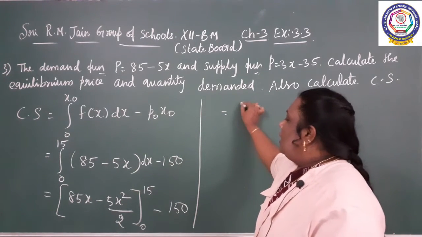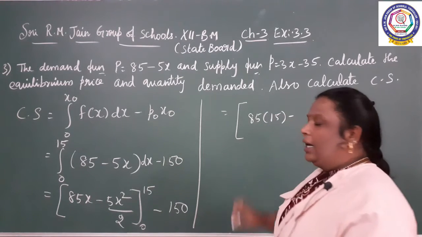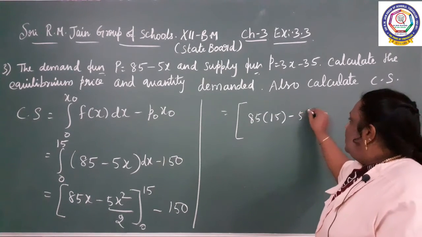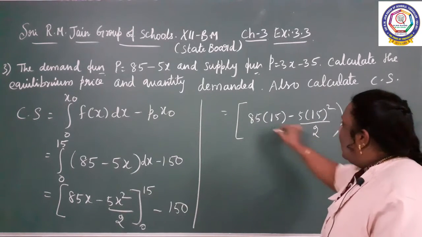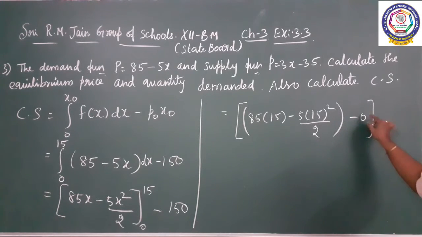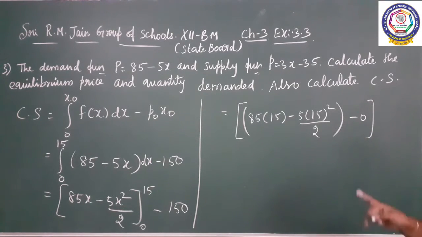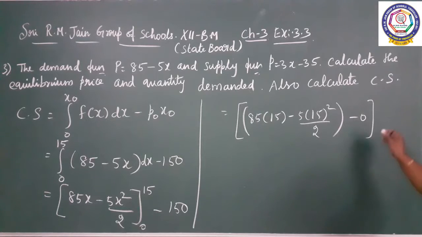It gives upper limit 85 into 15 minus 5 into 15 square by 2. Upper limit minus lower limit: 0 into any number is 0, because all the terms contain x. So any term multiplied by 0 gives the value 0, minus 150.